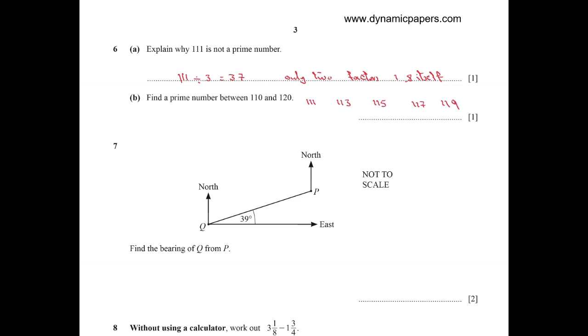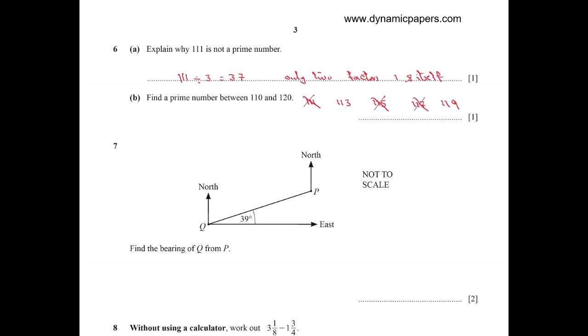Then we cross out the numbers that have factors. 111 is not a prime number, we explained it in part 6a. 115 is not a prime number because it is divisible by 5. 117 is not a prime number because it is divisible by 3 also.